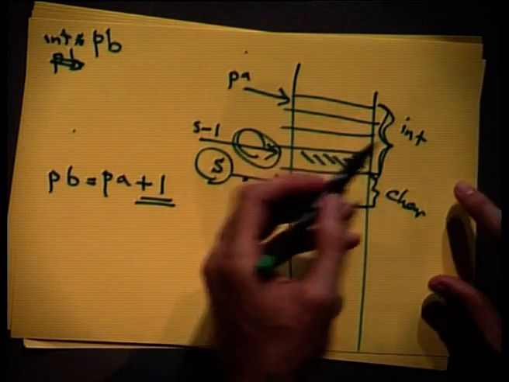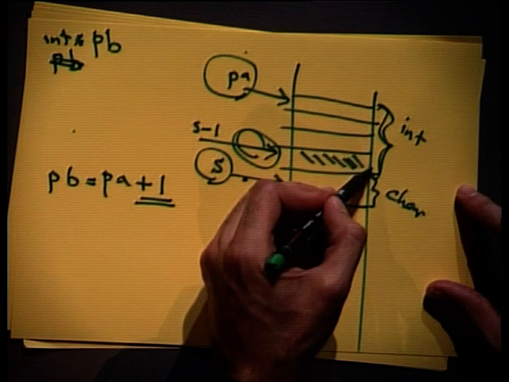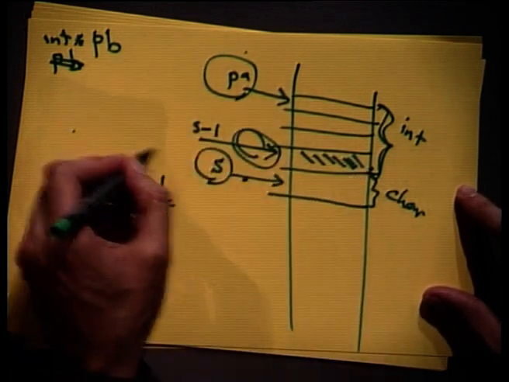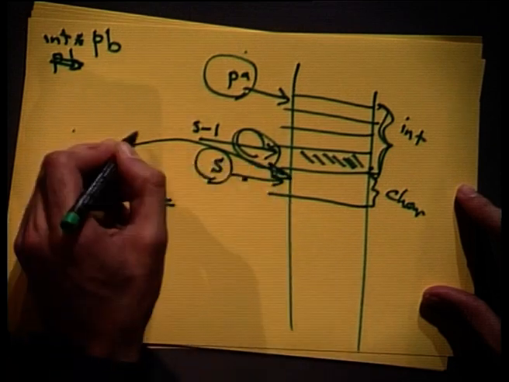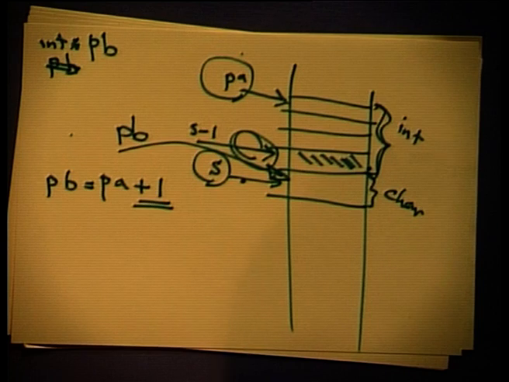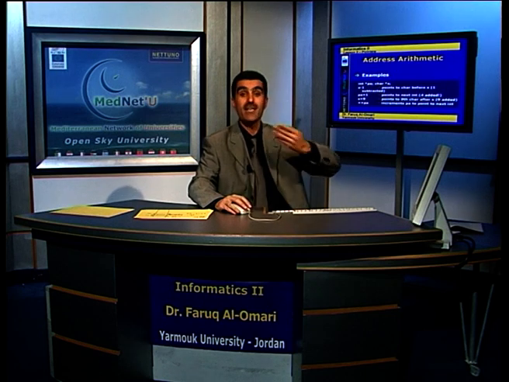The size of object this pointer is pointing to is 4 bytes long. So now PB is going to point to here. This is PB. I'm jumping 4 bytes in one shot. And we have to be careful about this. I'm pointing to integer. So go to the next integer.